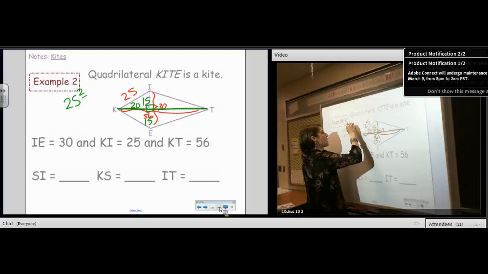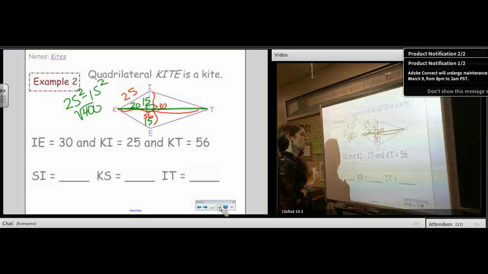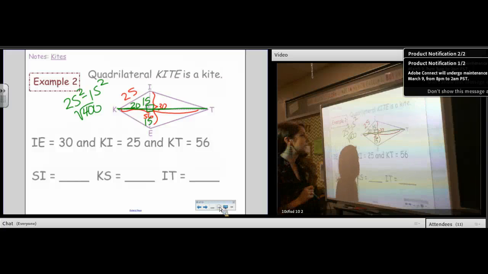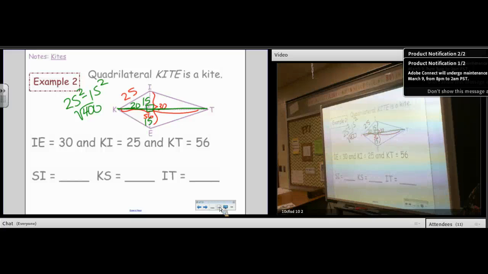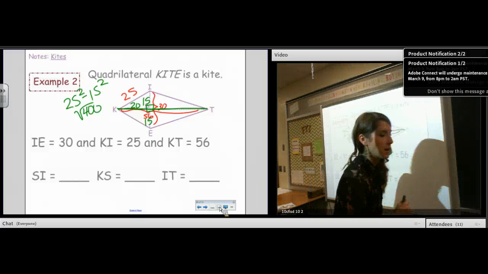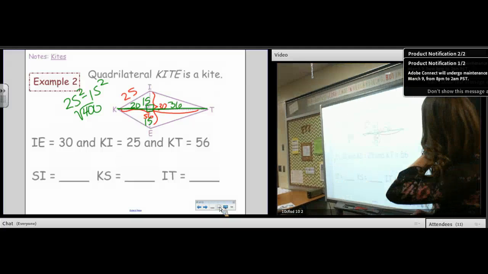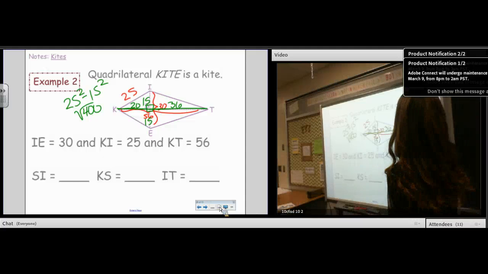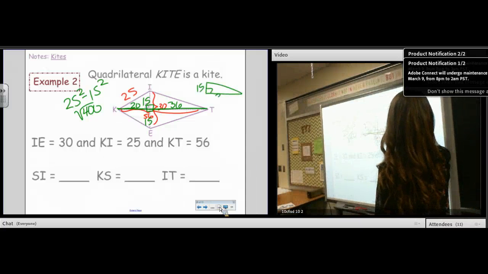It's called a Pythagorean triple when that happens. So if KS is 20, then we would just do 56 minus 20. Because the whole diagonal is 56, we've used up 20. So we've got 36 left. And then we just need to do Pythagorean theorem one more time with this triangle, 15 and 36.